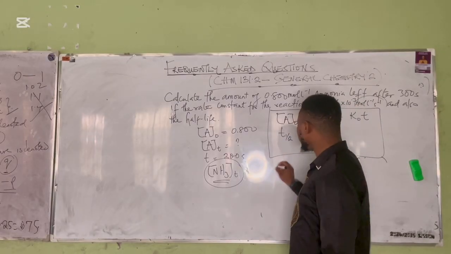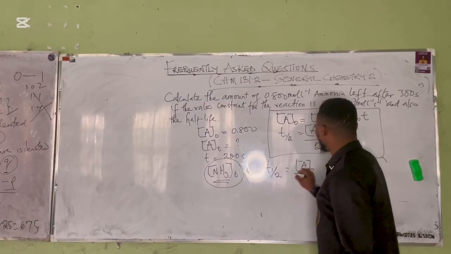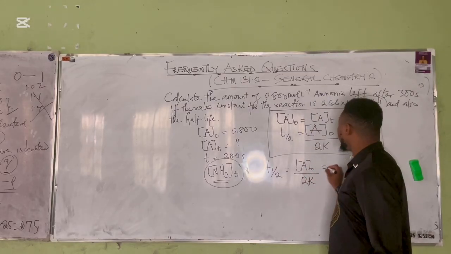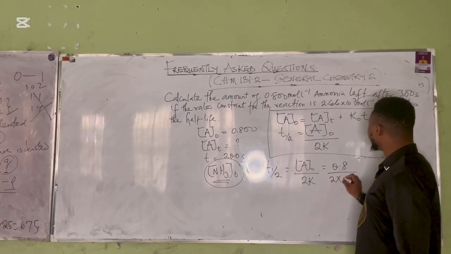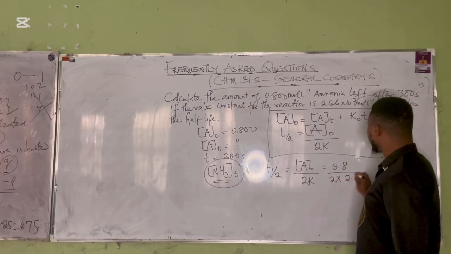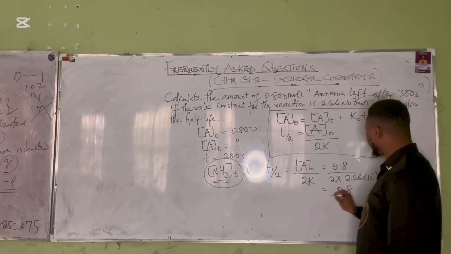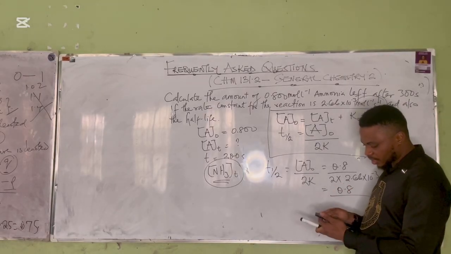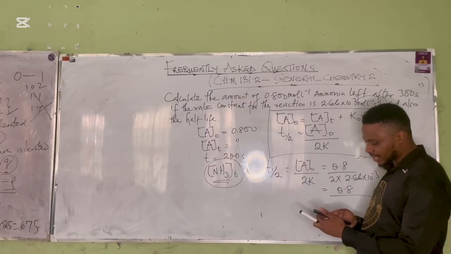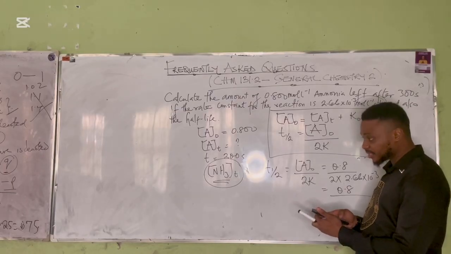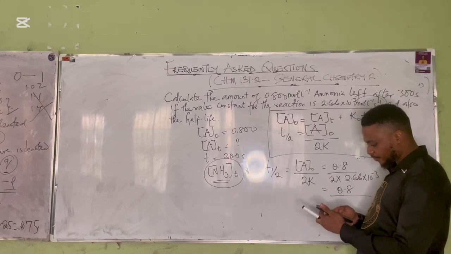So it means that our t1/2, remember, is A naught divided by 2k. The initial concentration here is given as 0.8, and k is 2.66 times 10 raised to the power minus 3. So 0.8 divided by 2 times 2.66 times 10 raised to the power of minus 3.